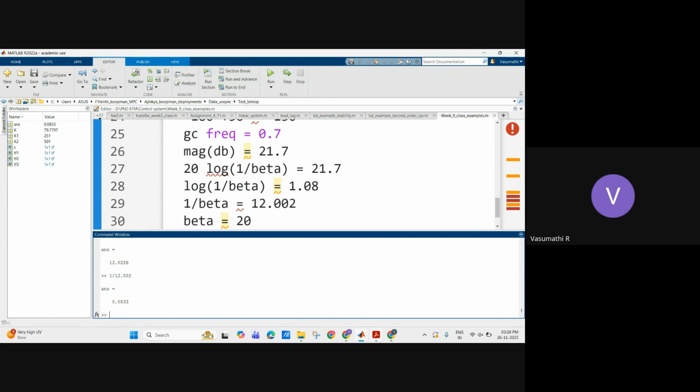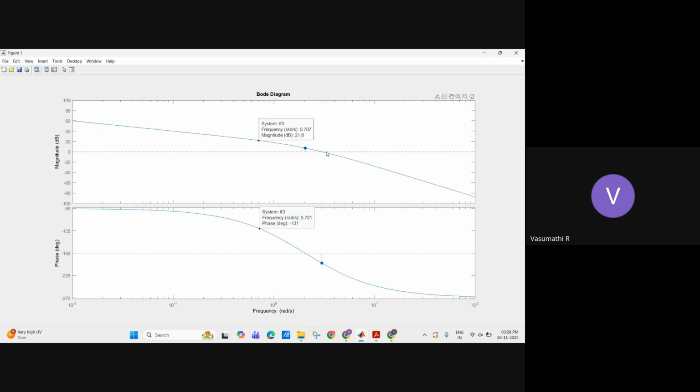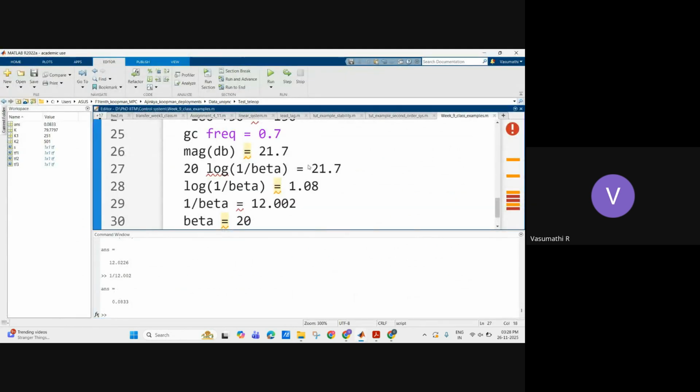Okay, in the formula we made a mistake. The formula should use the minus of the magnitude, right? It's not the absolute value.